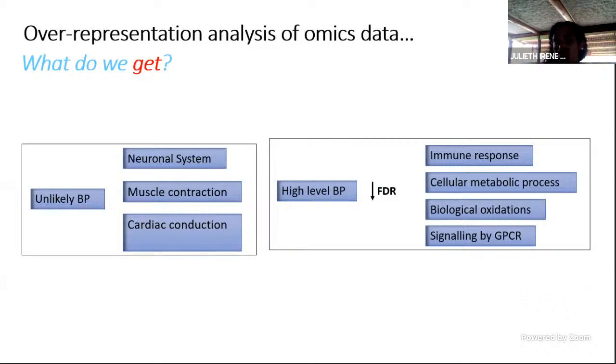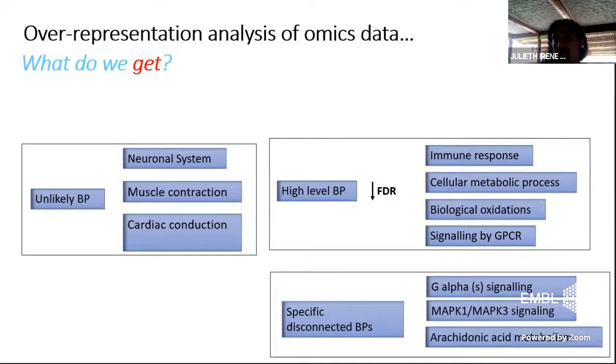Or really high level biological processes that are kind of expected, right? They are the ones with the best statistics, that is the FDR. The smallest FDR are normally the ones for the big biological processes, or the high level pathways, as it's called in Reactome. Or if we have some specific biological processes, we can identify, for instance, the messengers of the specific cell response, like the arachidonic acid metabolism.